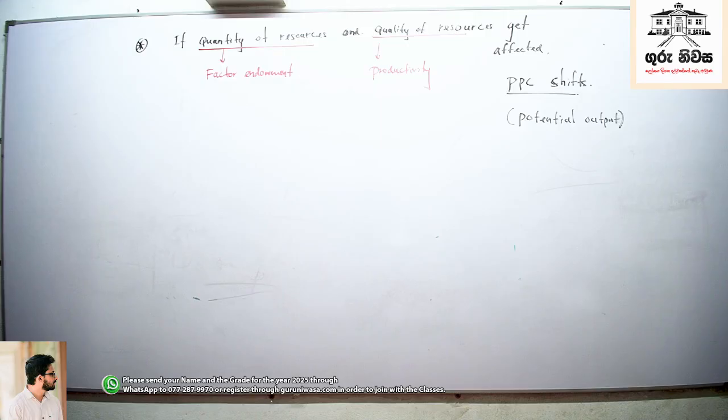It means that in an economy, quantity of resources is the factor endowment, and if factor endowment and or productivity are changed by any event or any factor, the production possibility curve shifts to the left or right side.